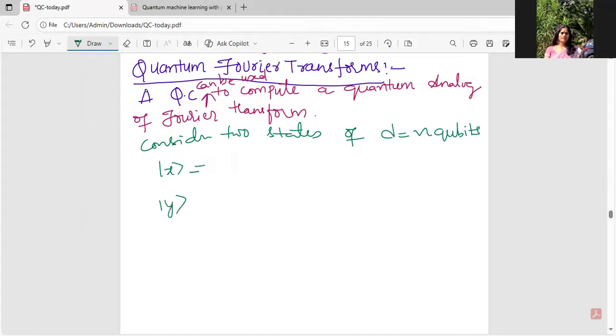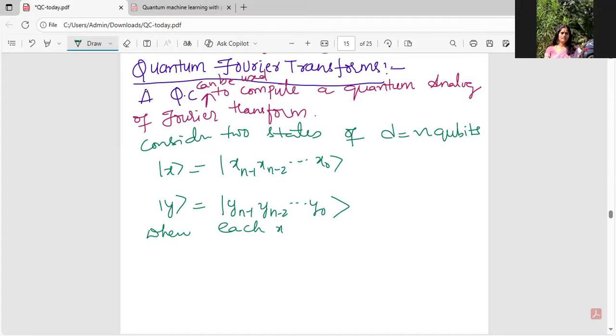Ket x is nothing but x_{n-1}, x_{n-2}, and so on till x_0. So x_0 to x_{n-1} would be n qubits, right? Similarly y_{n-1}, y_{n-2}, and so on till y_0, where each x_i, y_i belongs to {0, 1}.